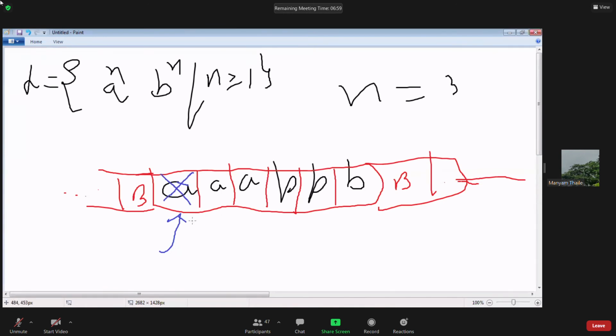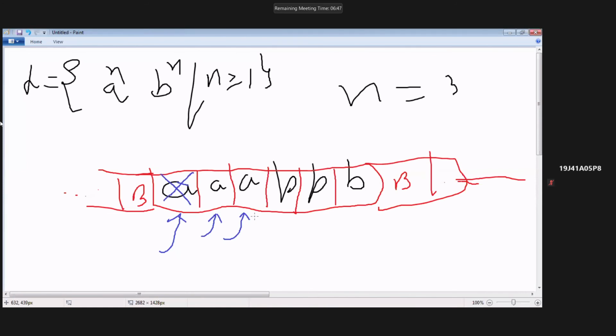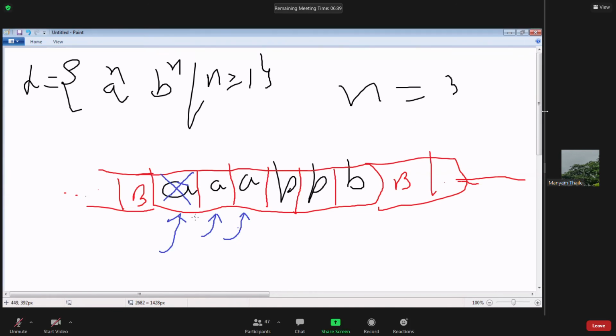In that case, it just moves, doesn't do anything, just skips. No need for any operation here. Just move right until you find the first B. You find the first B now.